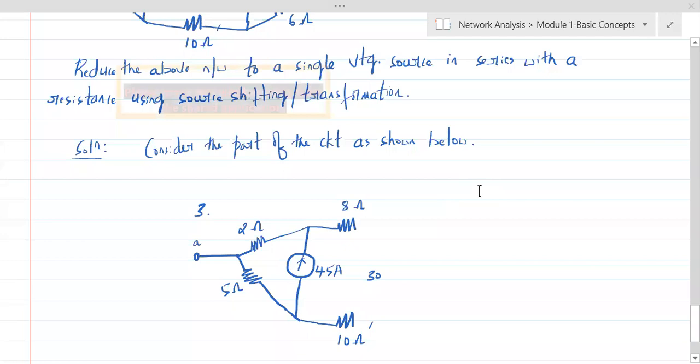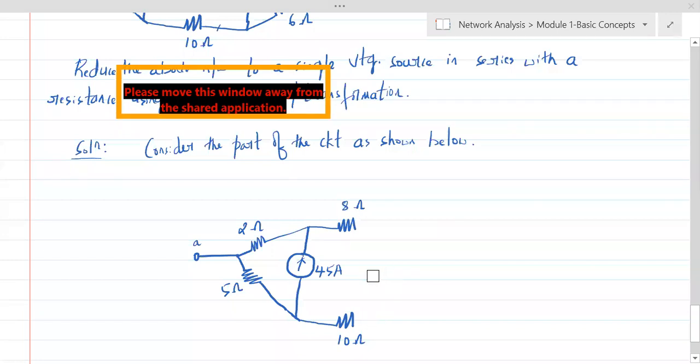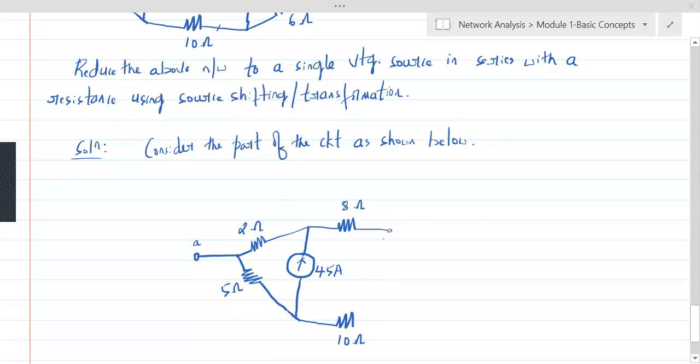Now what do I need in this? Let me just take this off. Everybody just take this much circuit. Let's not put this bubble, otherwise it would be mistaken for the terminal. Let's just keep this much.